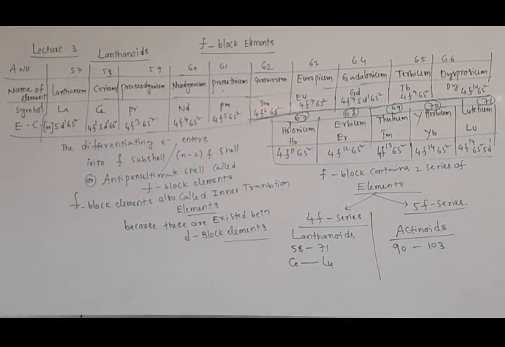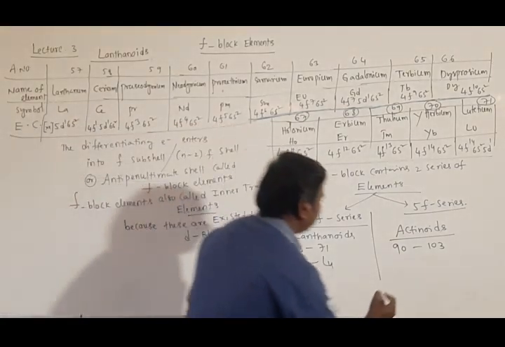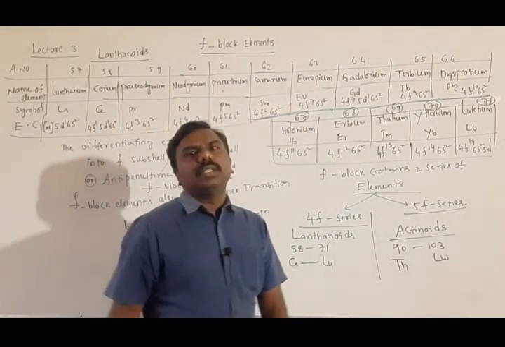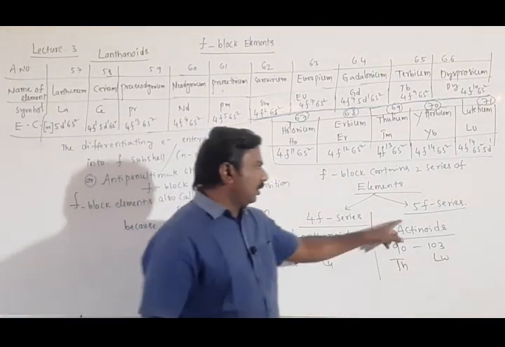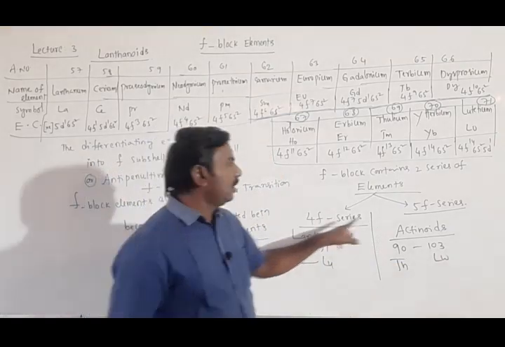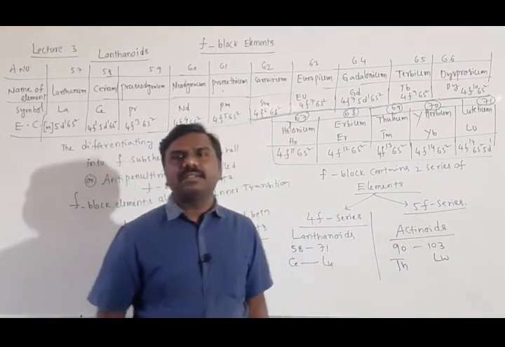The elements are starting from thorium to lawrencium, 14 elements. Here the differentiating electron enters into 4f subshell, and there into 5f subshell.